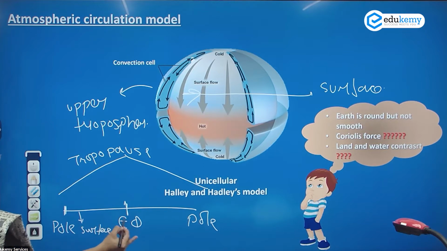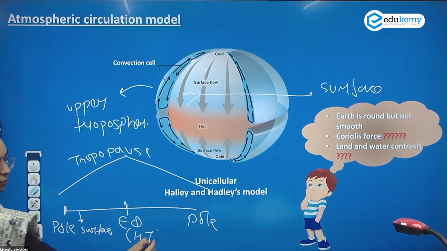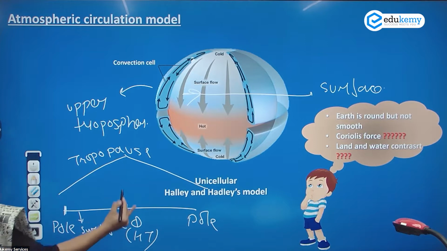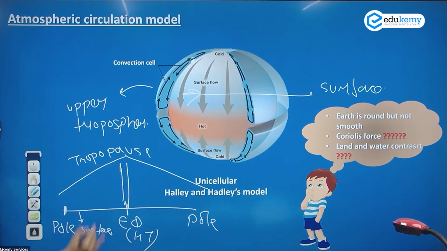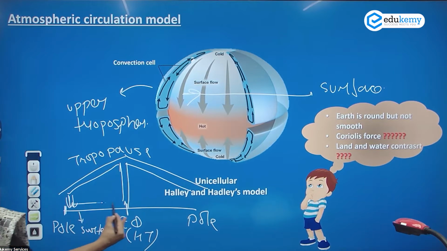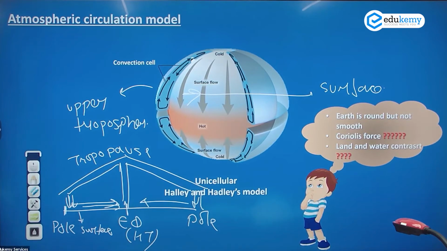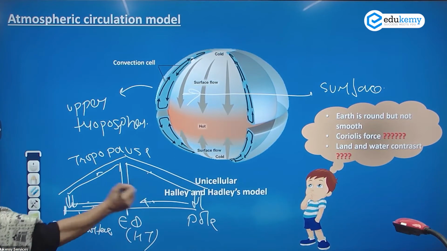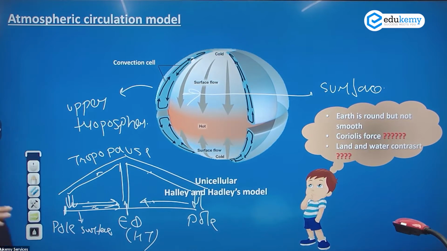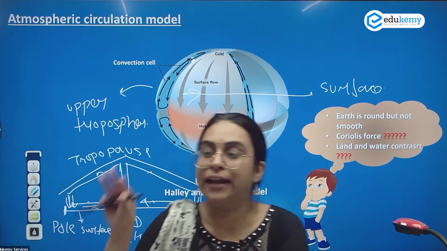So here, this is the equator. You have high temperature on the surface. The wind is rising. The wind is moving along the tropopause. The wind sinks towards the pole and moves from the poles towards the equator. So this section is what? Surface winds. Whereas this is what? Upper tropospheric winds. That's what your Hadley says.